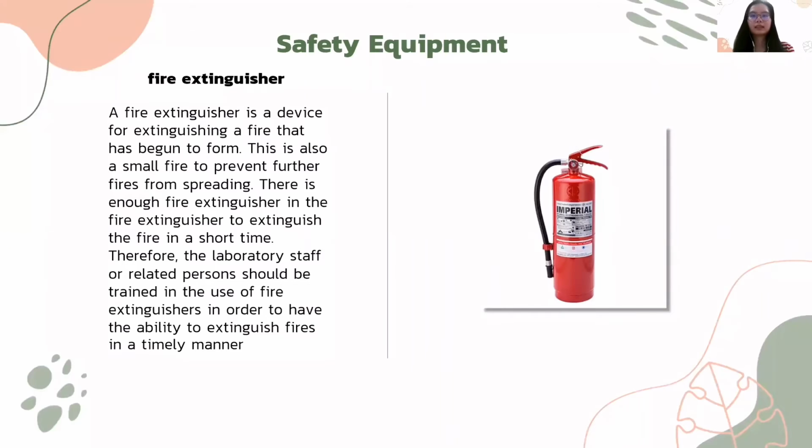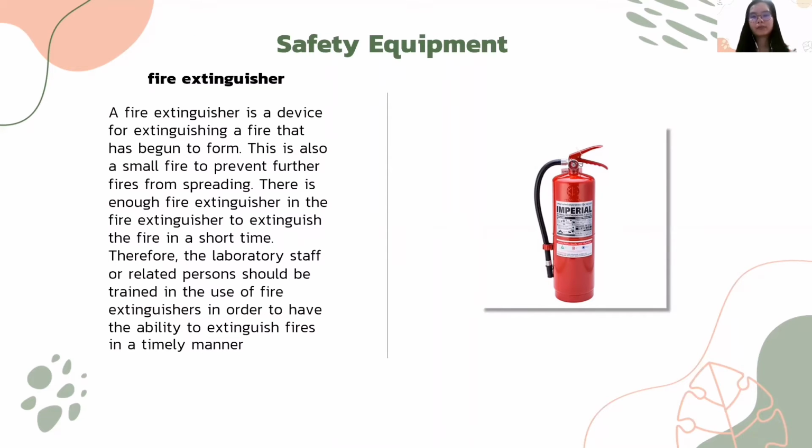Next is a fire extinguisher. A fire extinguisher is a device for extinguishing a fire that has just begun to form, or a small fire, to prevent it from spreading.